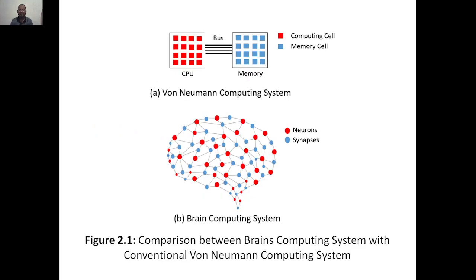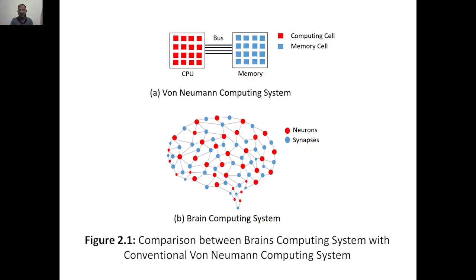Here you can see a red dot. The first one is a CPU. This CPU has the red boxes you are seeing, which you can imagine as the memory cells of the CPU. And there are computing cells, which are the cells responsible for the processing. It may be the transistors, the IC chips, all those things.